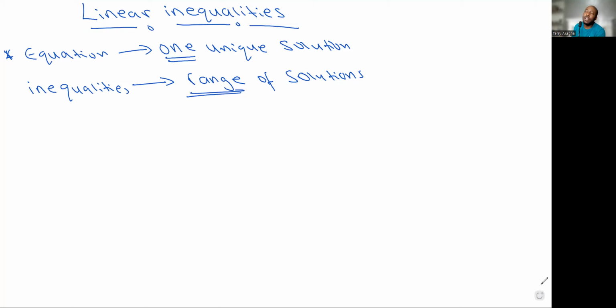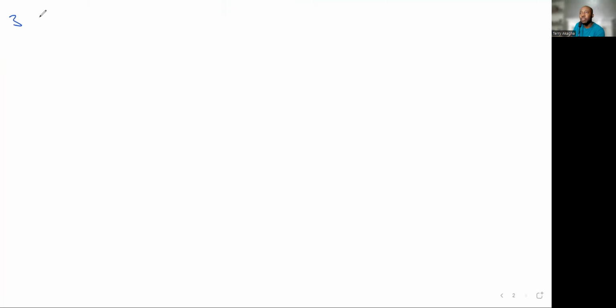So how do you solve this? There are three rules, or three steps. The reason why I always put the rules is so that when you're revising your notes, you know how I solved it, and it'll be easier for you to revise.